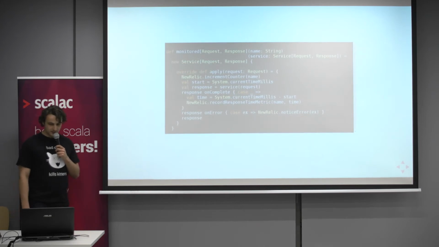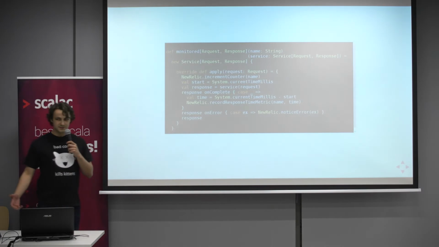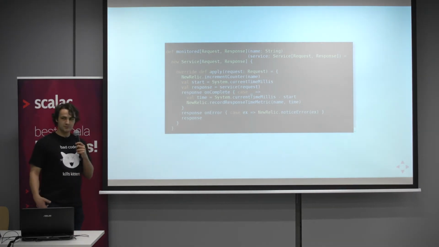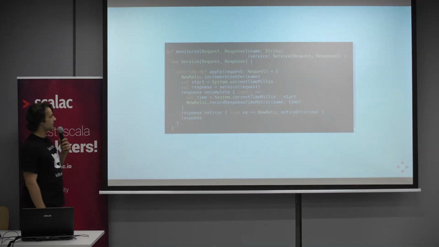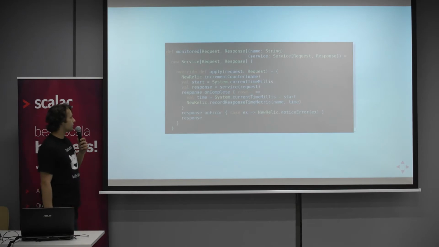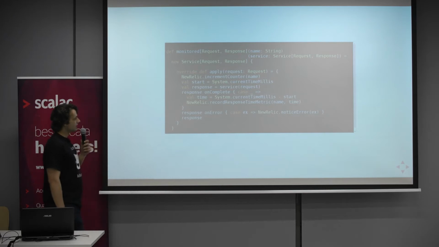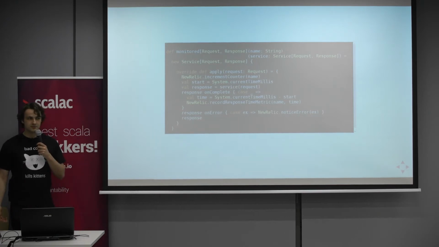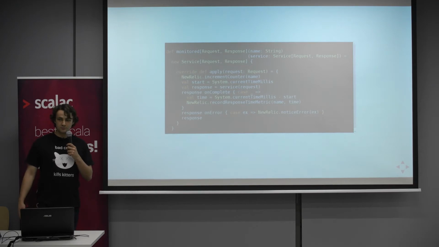And we also have the monitored utility function that wraps those services. It uses the New Relic API in order to measure how our services perform. We're measuring how often they are called, how long they're executed, and how often they fail. With those data, we can determine that some of our functions are unreliable and we have to improve them.